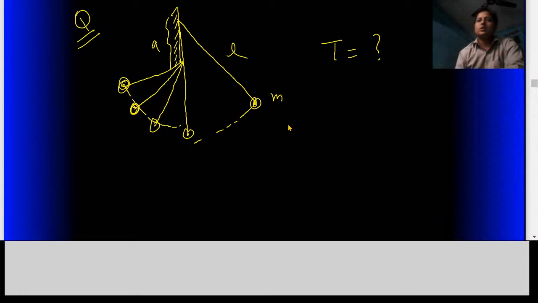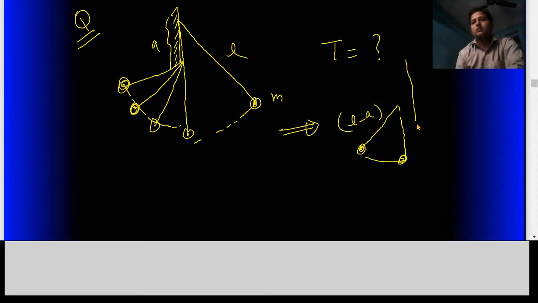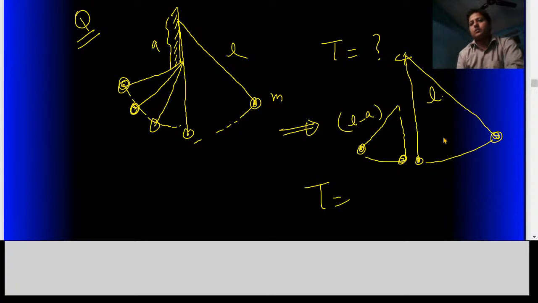So this combination may be treated as two pendulums, one of length L minus a, and the other of length L. The total time period will be T1 plus T2.